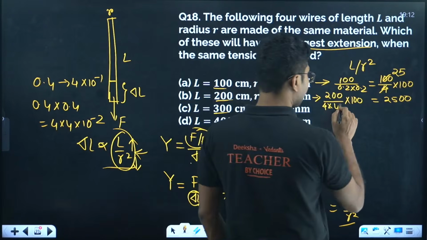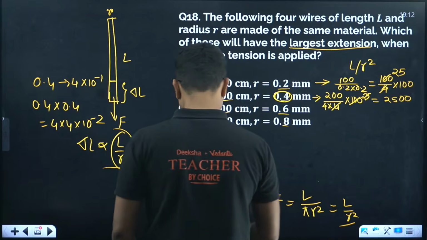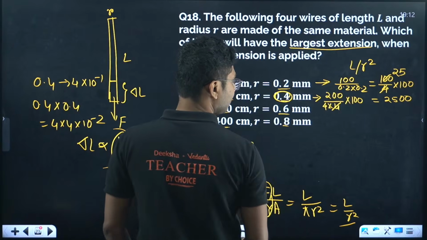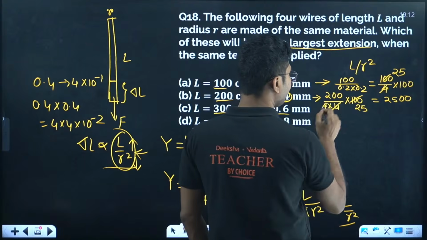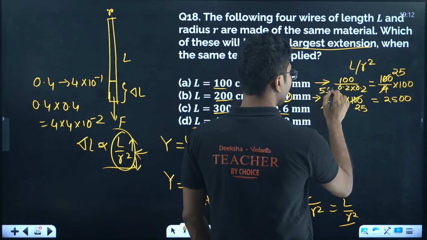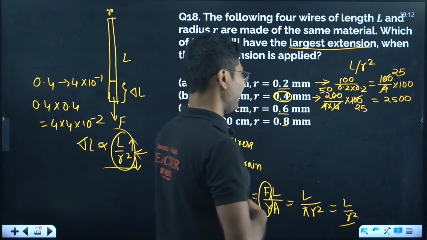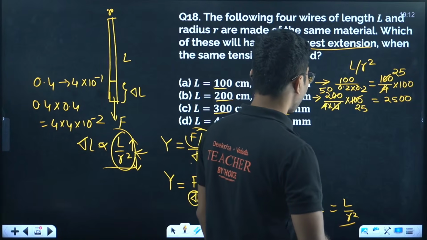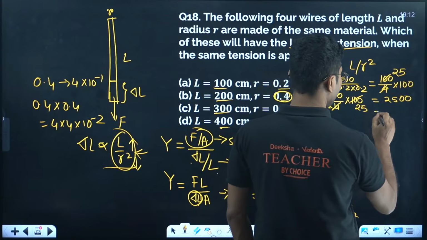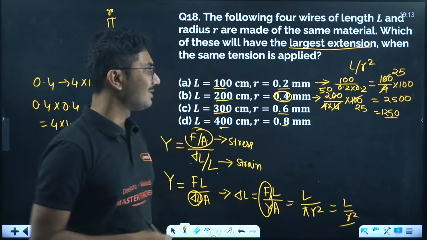Now let's cancel. It will be 25 and this will be 50. So 25 into 50 is 1250. Obviously it is reducing.